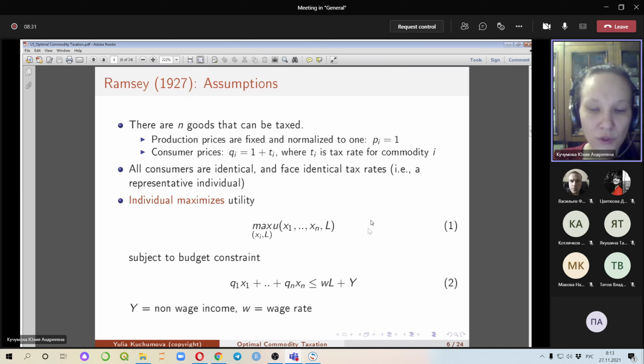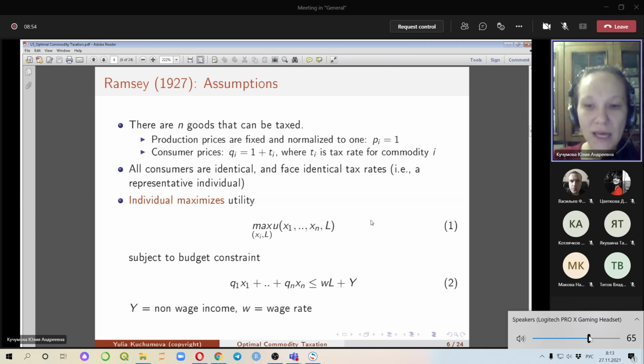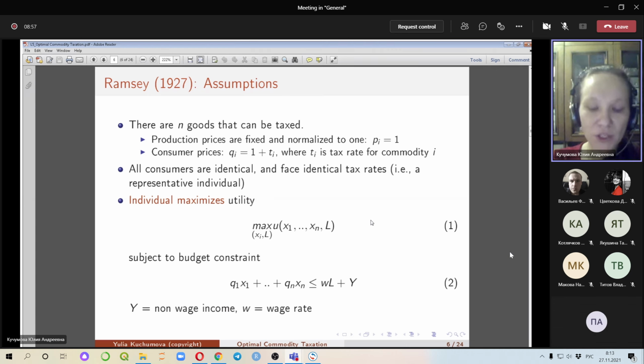You could understand it from the utility if you were given a specific utility and could see whether L affects utility positively or negatively. If positively, it's leisure; if negatively, it's labor. But in this case, you can only understand it from the budget constraint. And y here is non-wage income. So this is the consumer problem: he maximizes his utility function by choosing all the x_i's and L.